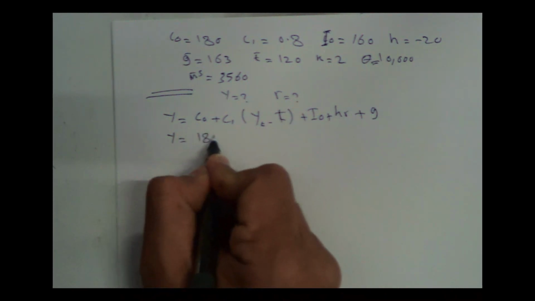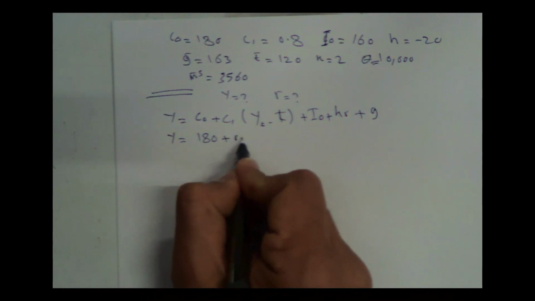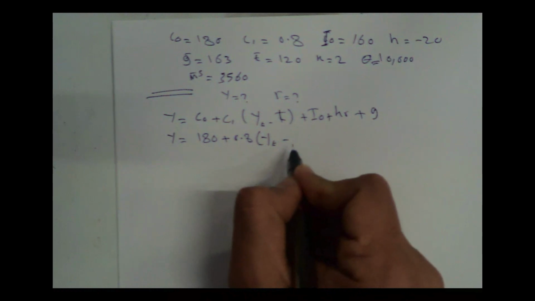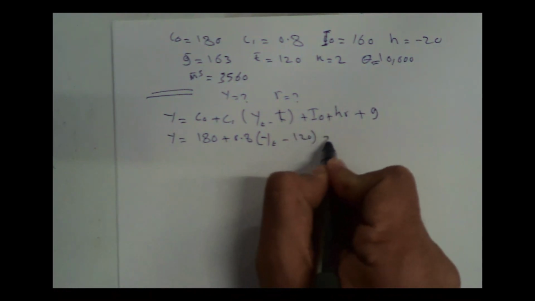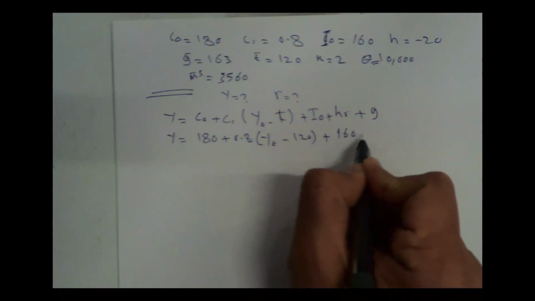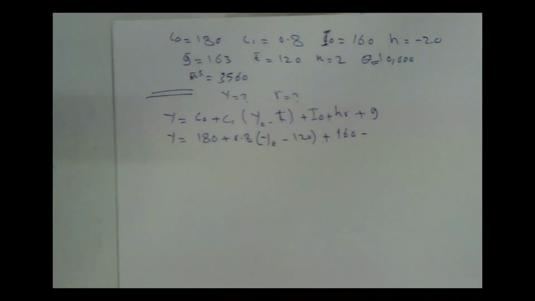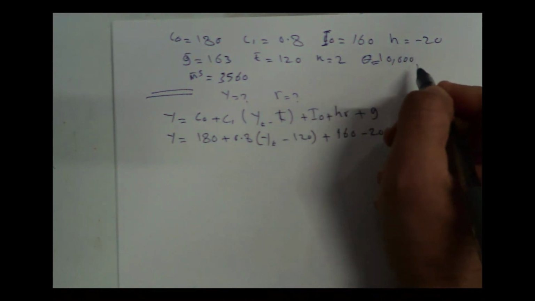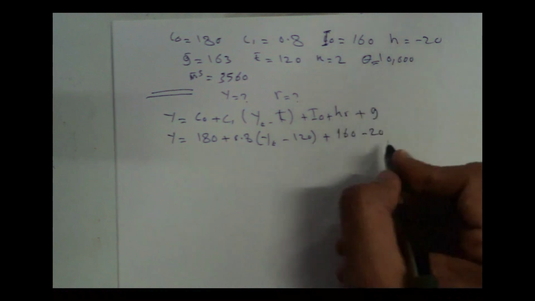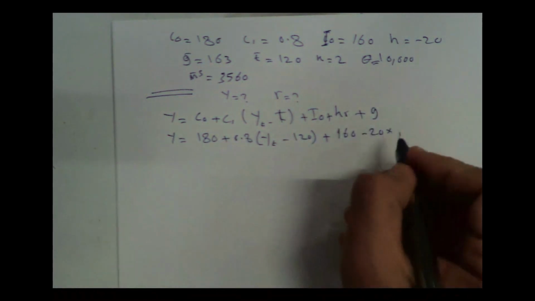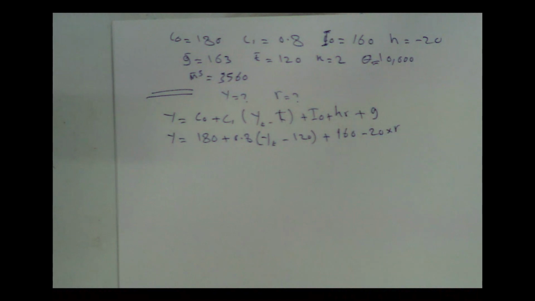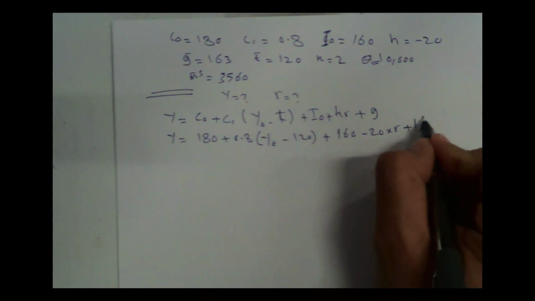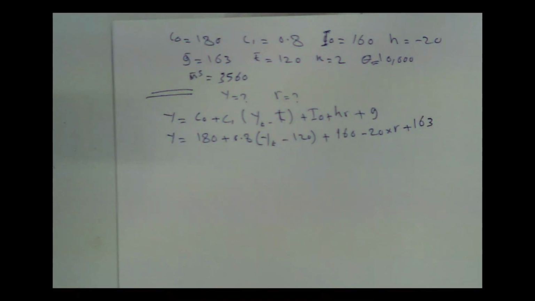So we just use this information. C0 is 180, plus C1 is 0.8 times Y minus T, where Y is what I want to find out and T is 120, plus I0 is 160 minus 20 times r, because h here is a negative value, so it's negative 20 times r, which I want to find out, so it's unknown, plus G, which is 163.